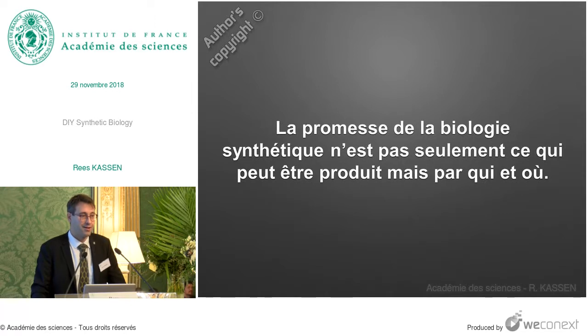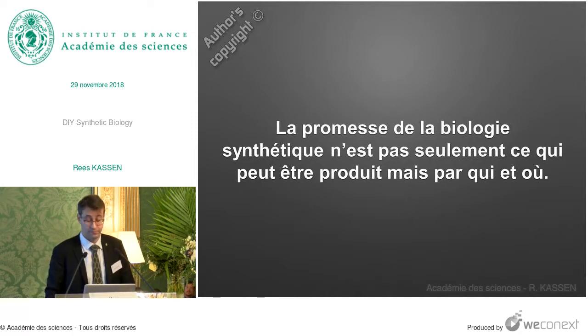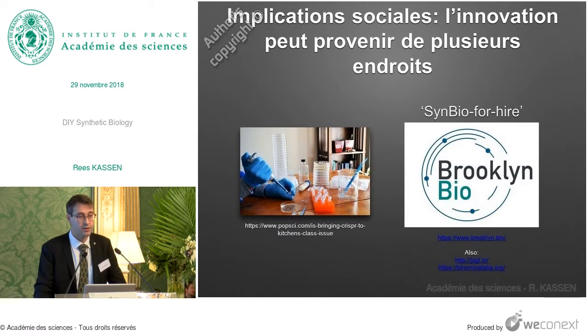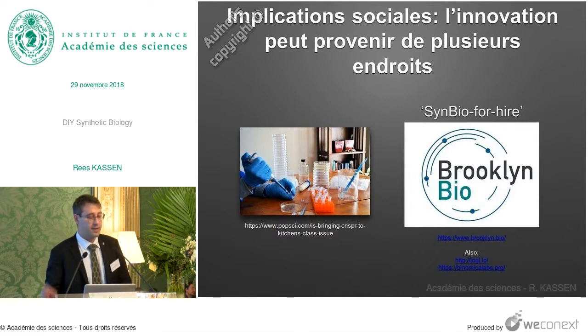So let me summarize this by saying that the promise of synthetic biology is not just what can be produced, but who is producing it and where they're producing it. And those are the perils, or potential perils, or the challenges. There are two major implications. One, you might call the social implication, is that innovation can in principle come from anywhere, right?